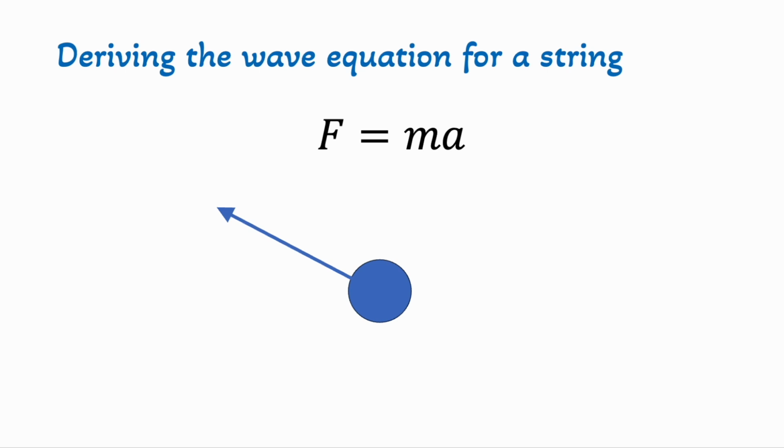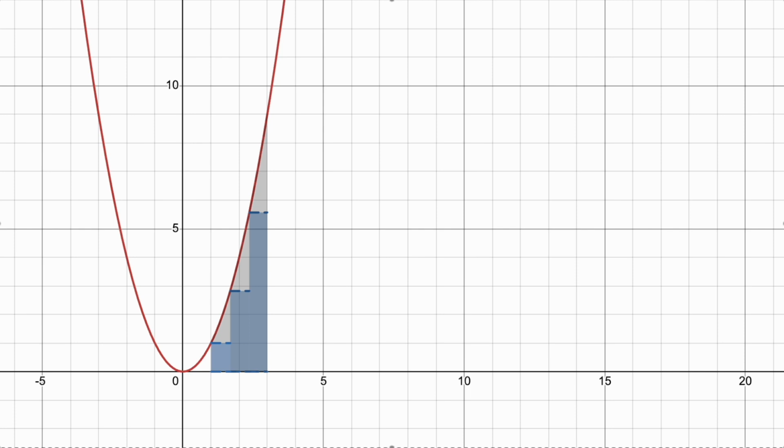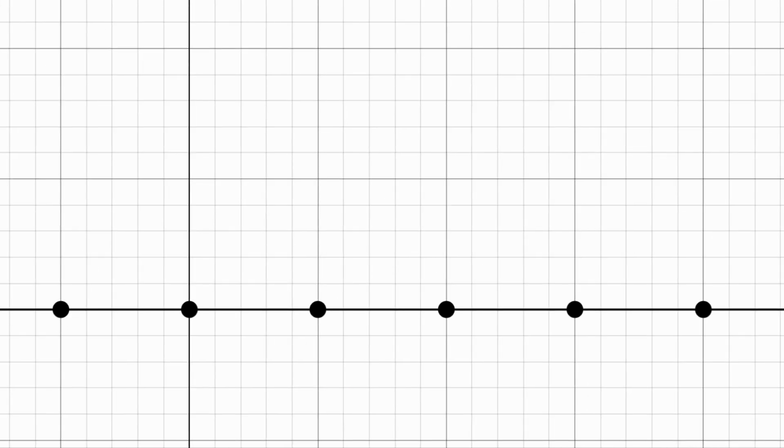So this is where calculus comes in, because the whole essence of calculus is that you break down something that is continuous into finite little bits, and then you take the limit as the size of those bits tends to 0 and the number of those bits tends to infinity. So, okay, here is a model of our string.